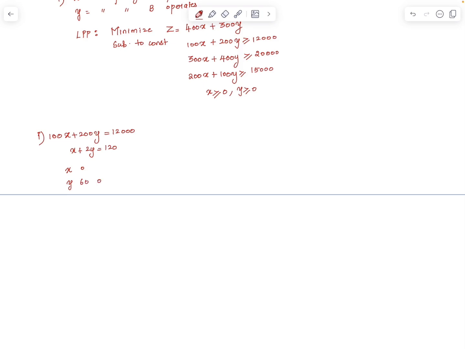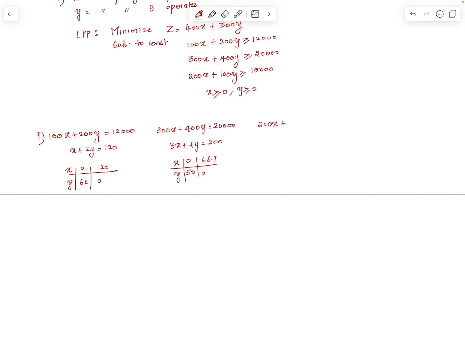For Y 0, we get X as 120. Second one is 300X plus 400Y is equal to 20,000. On reducing this, we get 3X plus 4Y is equal to 200. For X 0, we get Y as 50. For Y 0, we get X as 66.7.